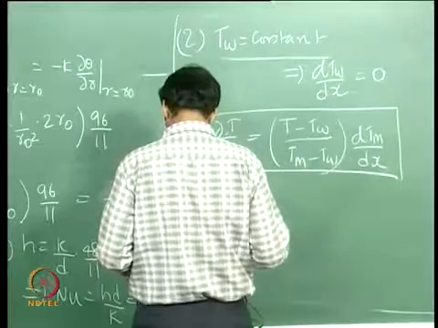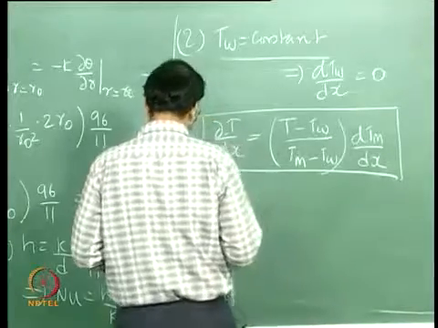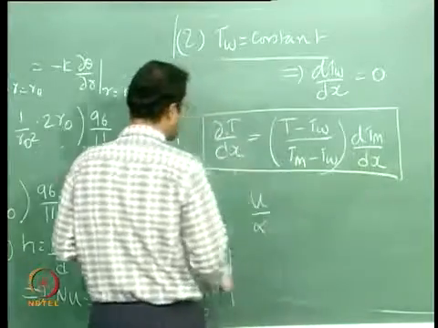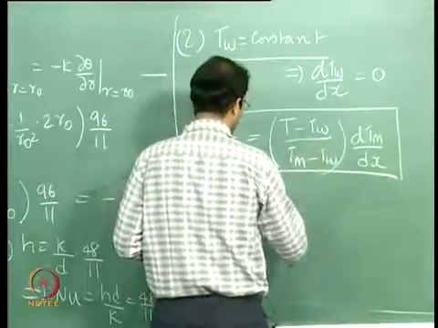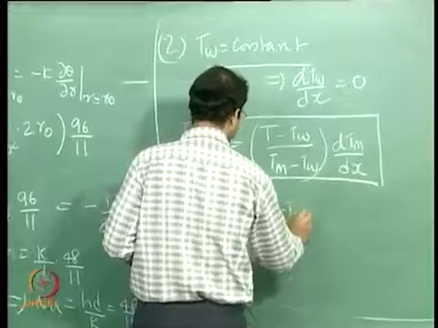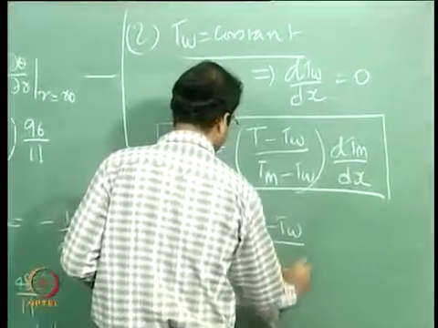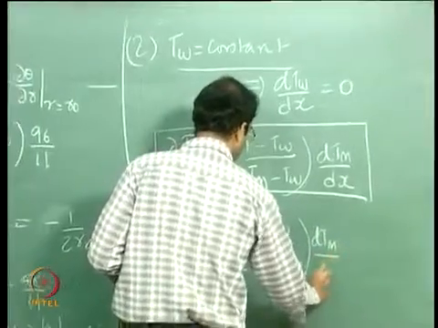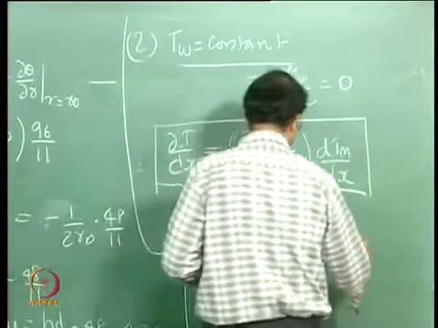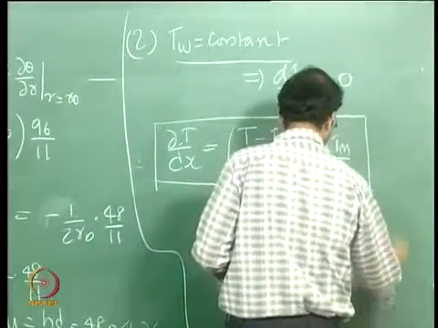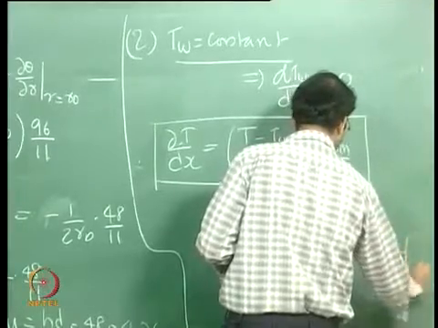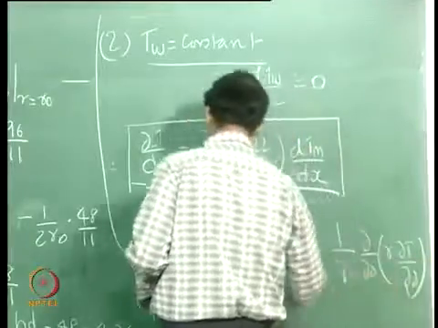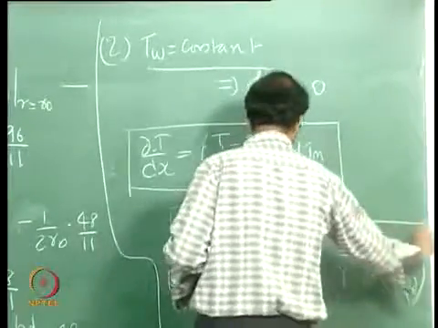So if you substitute in place of that, you have now u by alpha into, I am going to substitute this particular expression here, T minus Twall by Tm minus Twall into dTm by dx. So this is equal to, of course, your 1 by r d by dr into r dT by dr. So now this is what you need to solve.